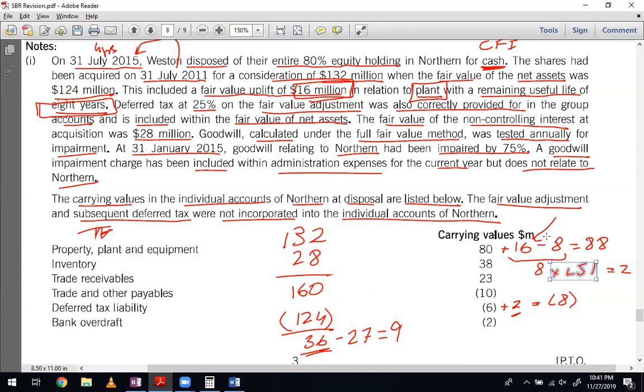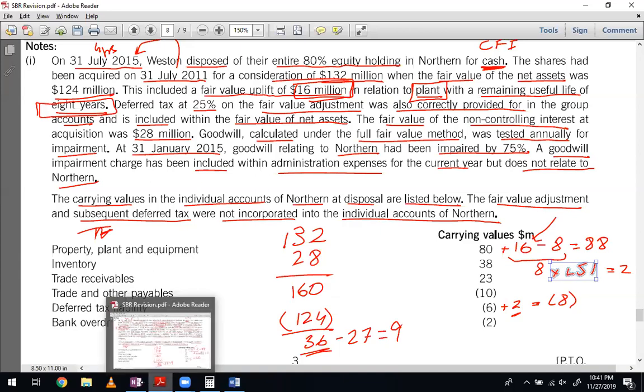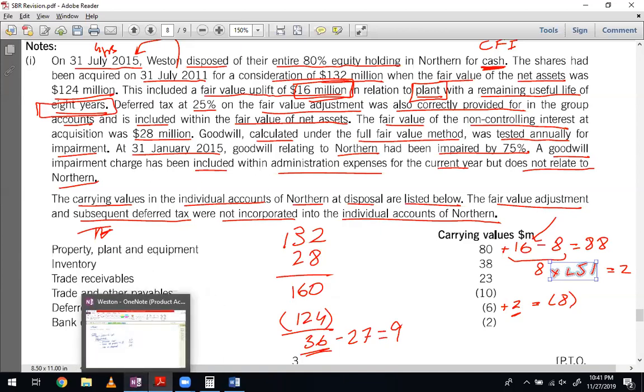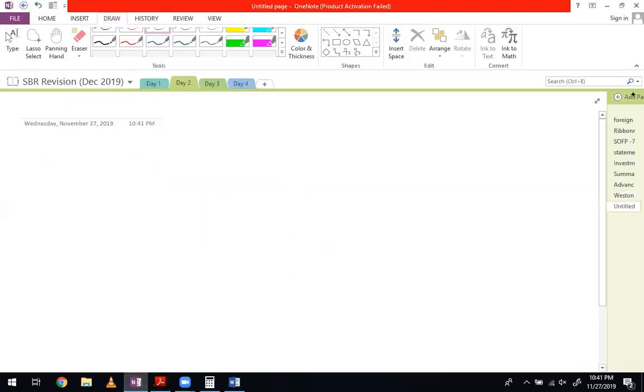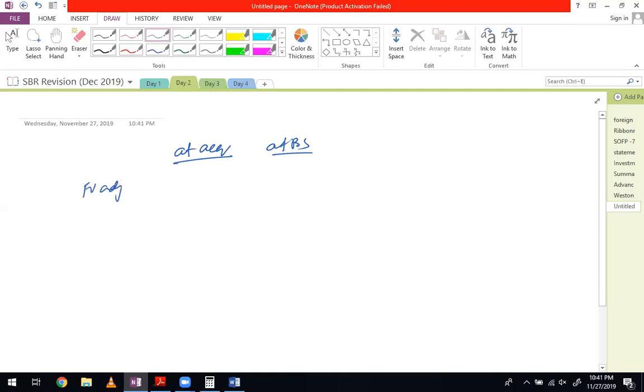Aman Nabi is saying, on what basis 8 is considered for deferred tax? Okay, Aman Nabi, the concept is quite simple. If we are calculating net assets at acquisition and at balance sheet, we are writing a fair value adjustment of 16 and 8. Because annual depreciation is 16 divided by 8 years, which will give us the depreciation of 2.